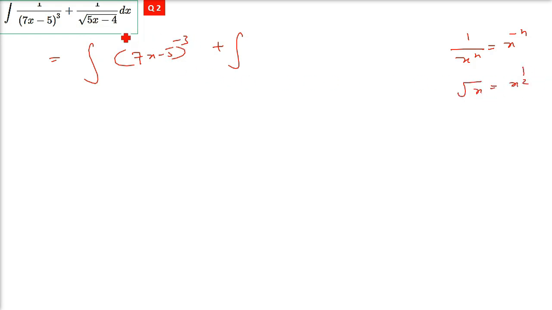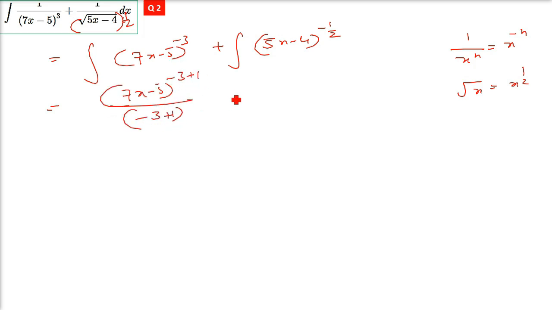Under root x is of course x to the power half, so this is half. When it goes up, it is going to be (5x minus 4) to the power minus half.